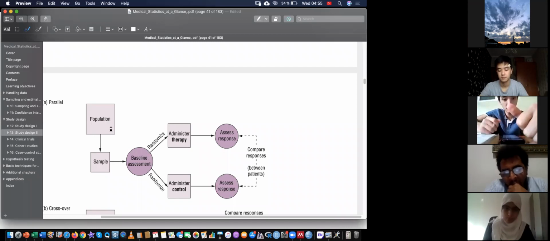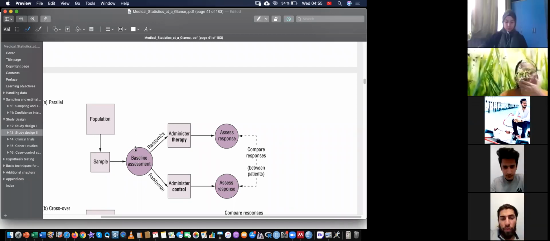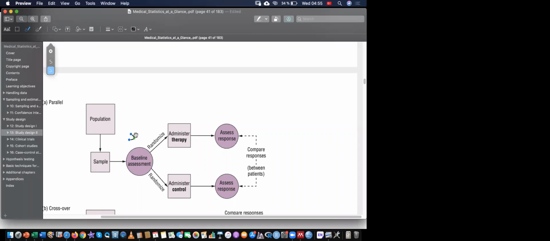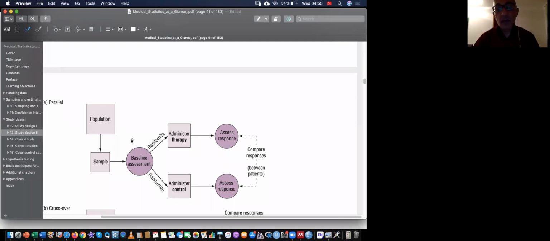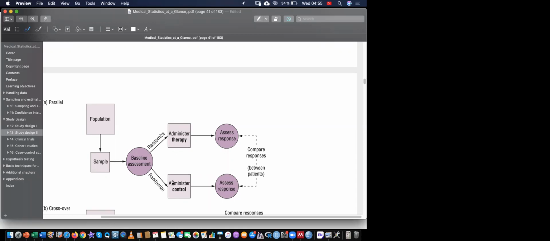To make it easier to understand, our baseline assessment is again systolic blood pressure. We want to see whether medication A or medication B is more effective in decreasing the systolic blood pressure. So you measure it at the beginning of the study, and then you give the medications to both groups and assess the response.